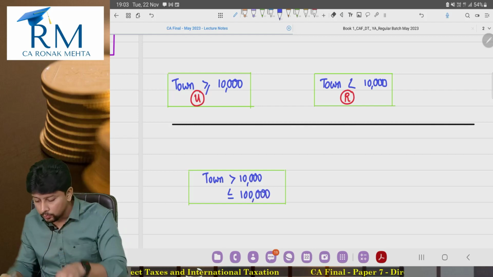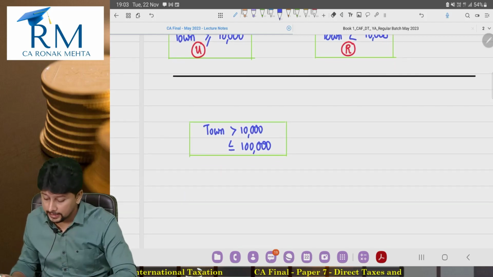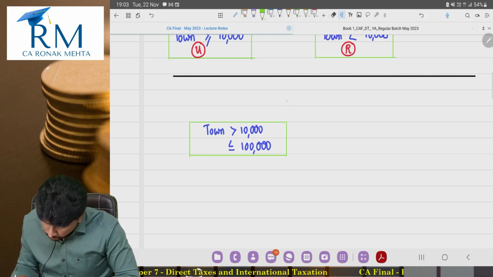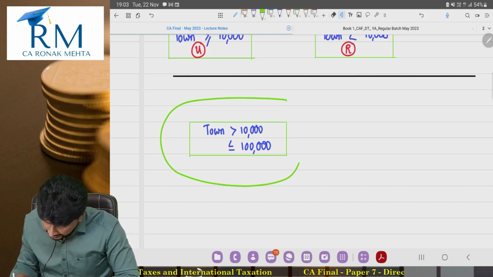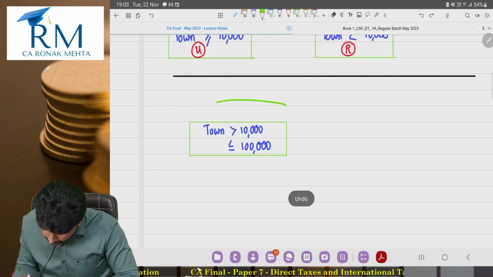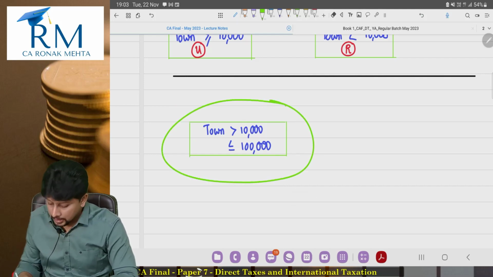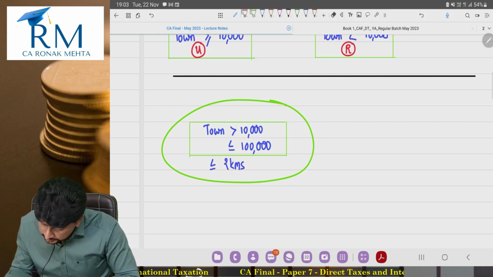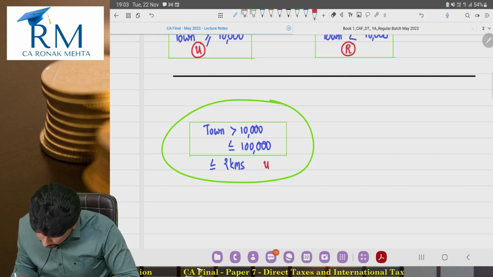Obviously this town is an urban area, but from the limits of this town, from the ending of this town, up to a distance of 2 kilometers is also considered as urban area.